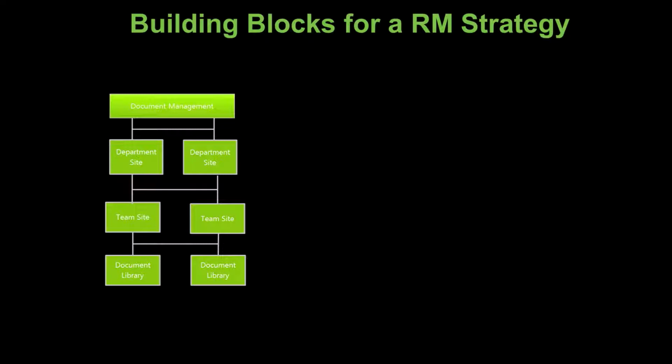We will look at the relationship between information architecture and document management later on in this presentation. But in terms of document management, the structure of document management is really irrelevant from the records management domain. The document management structure is a structure that is really controlled by how users want to work.